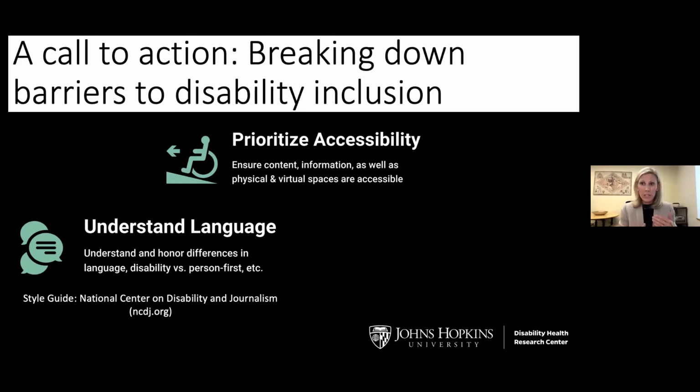So it's important when you're writing about disability to know the audience, to know that community, to know the language to use. And so I am giving on this slide another excellent resource, the Center on Disability and Journalism. For those that don't know, it is a very in-depth style guide around disability. That's just the tip of the iceberg, quite honestly, of what I just described. There's much more to know and understand about language within the disability community.